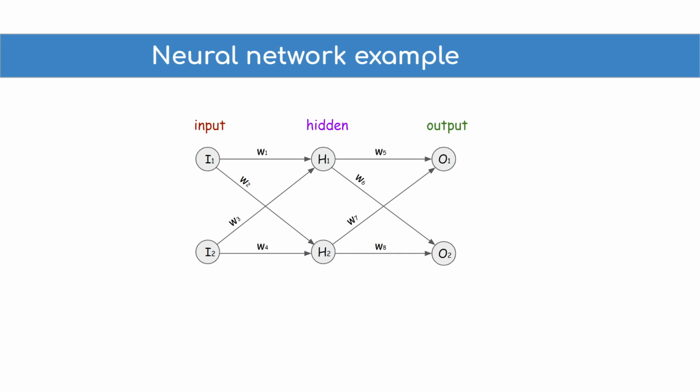How the neural network works when it predicts values is just calculating the inputs of several neurons based on the weights. So the weight decides how strong the connection between neurons is.